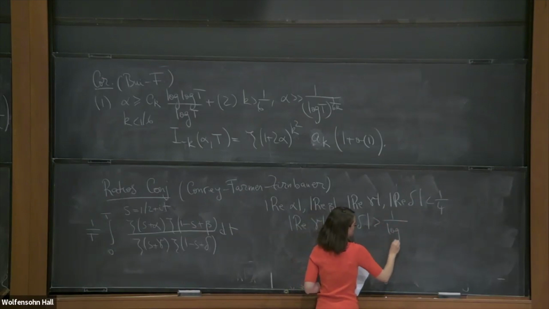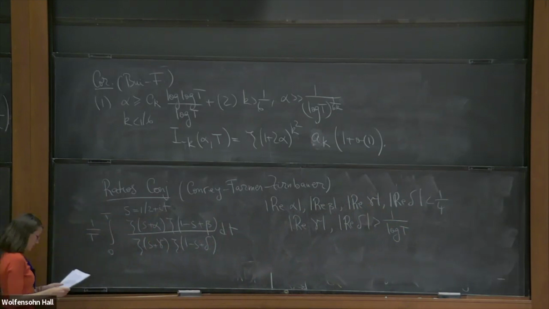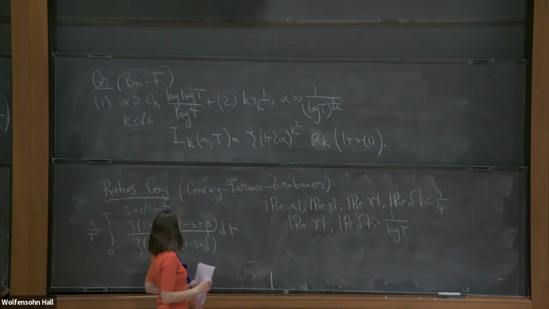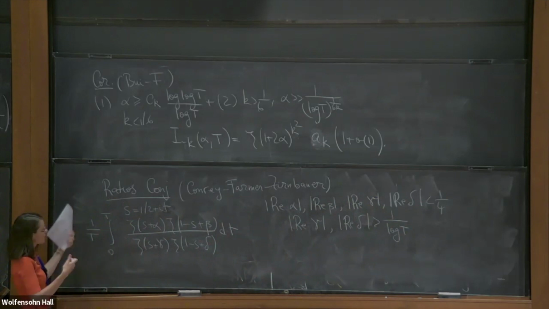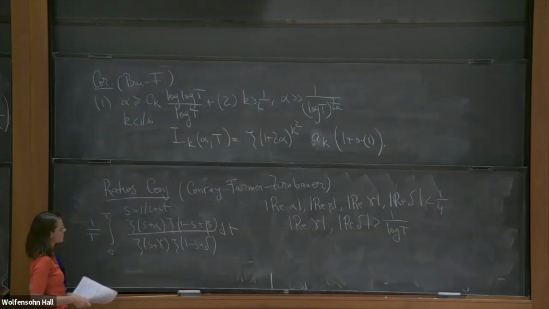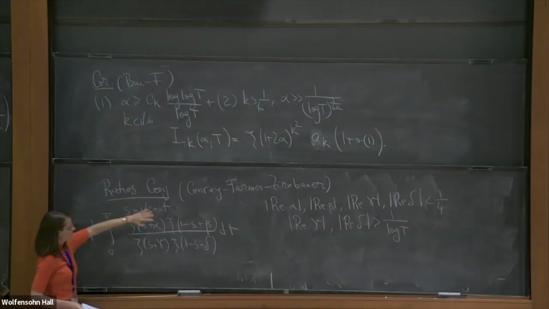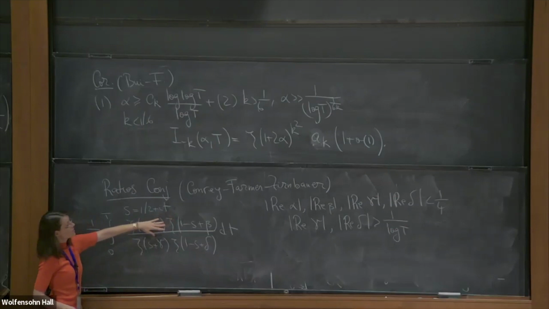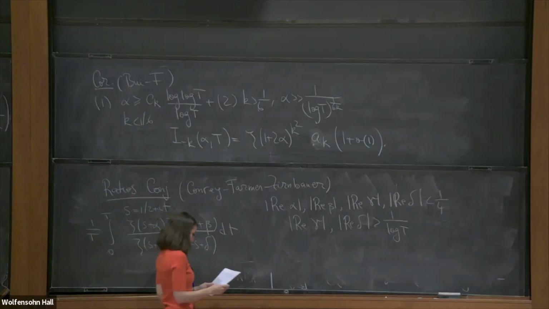So in some sense, you're to the right of this important line 1 over log t. They also have more general versions where they consider 2k zeta functions here or 2L zeta functions here. And this recipe applies to other families of L-functions as well. It turns out if you do the same kind of heuristic arguments, but now with no zeta functions in the numerator, you can recover these conjectures that I talked about for negative moments.